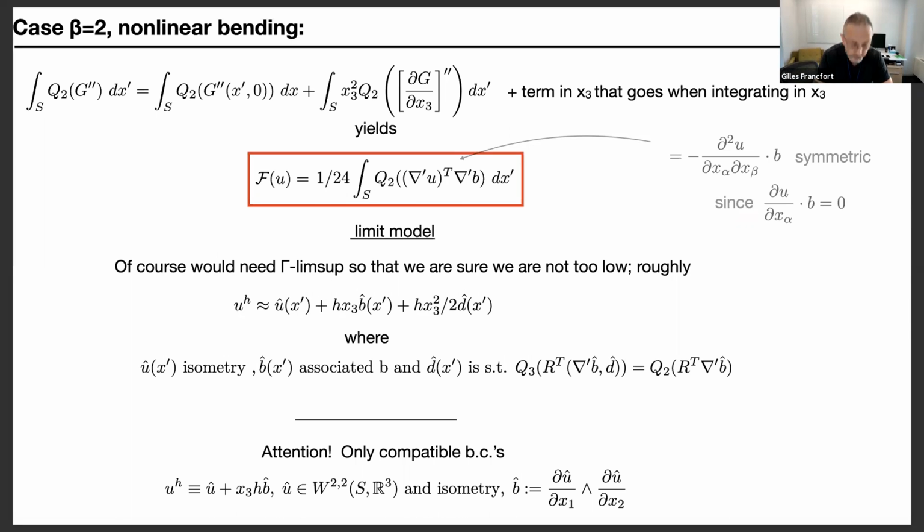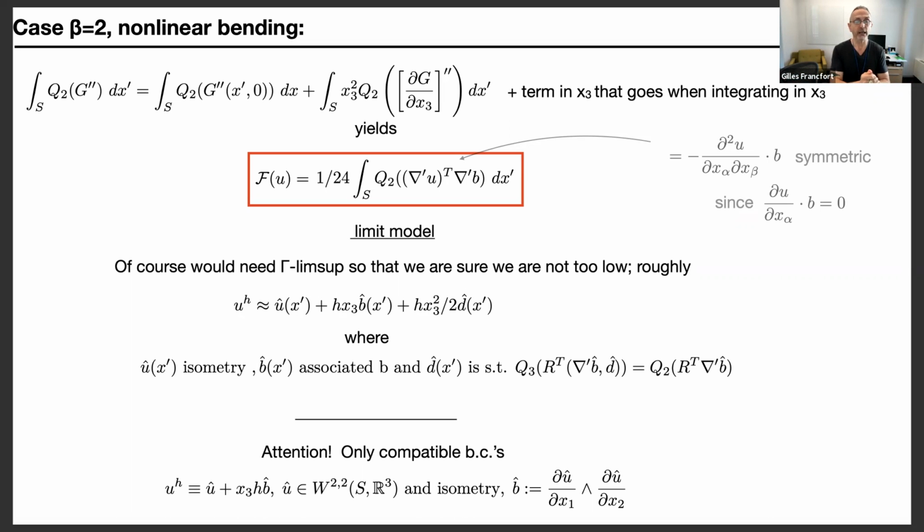So now, of course, it could be so that we went too far down because we neglected the term in Q2 of G double prime. So you need a gamma lim sup argument. I'm clearly not going to do the gamma lim sup argument, but roughly, what are you going to do? You're going to do what you do for all those problems. You're going to mimic the process.